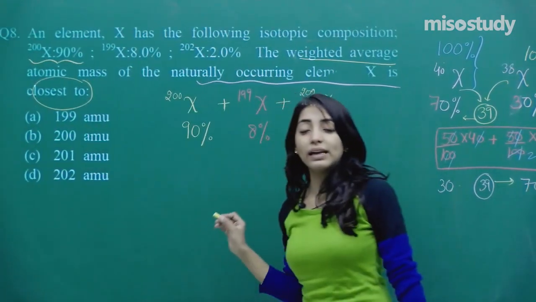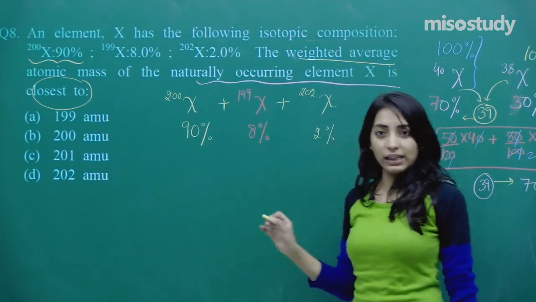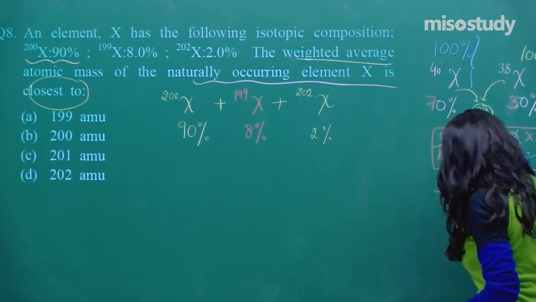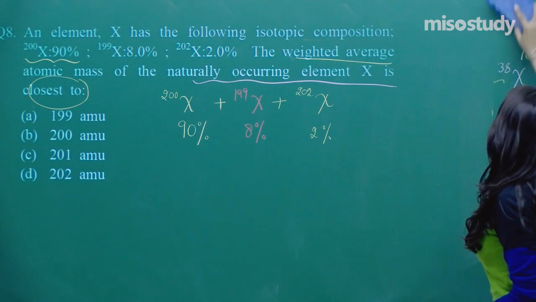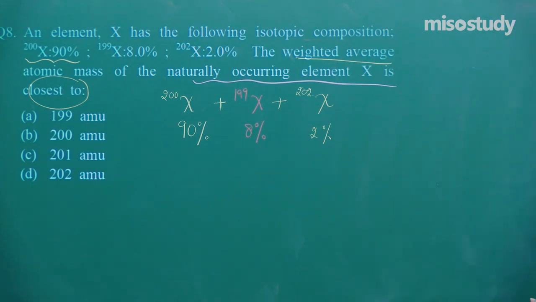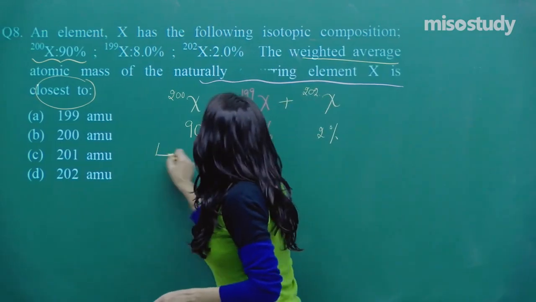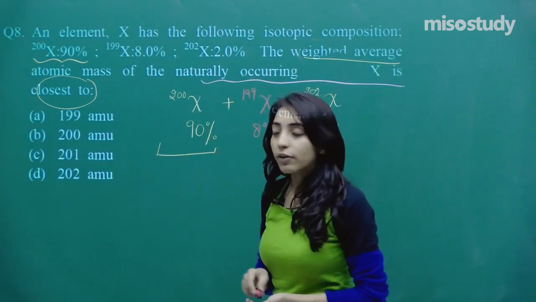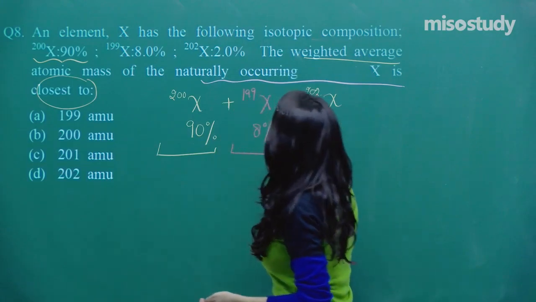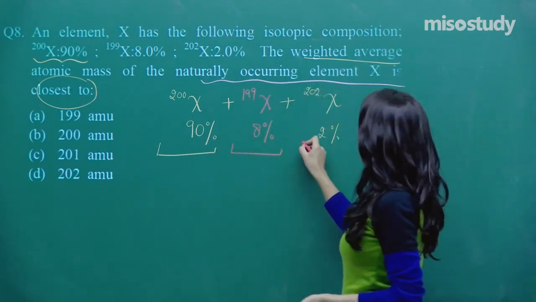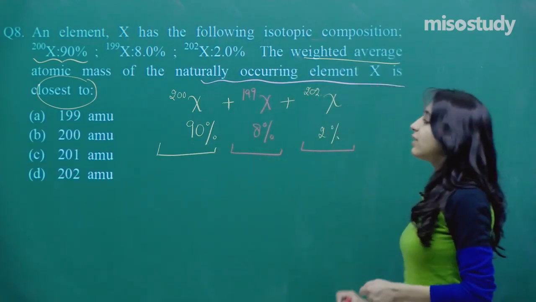Now the question is, you have to tell the weighted average atomic mass, and that too the closest number. You don't have to directly do the 100% complete calculation. I'll do that also for you, but first of all we'll see how you can get the answer. See guys, 90% is available as 200 and 8% is available as 199. Only 2% is available as 202.